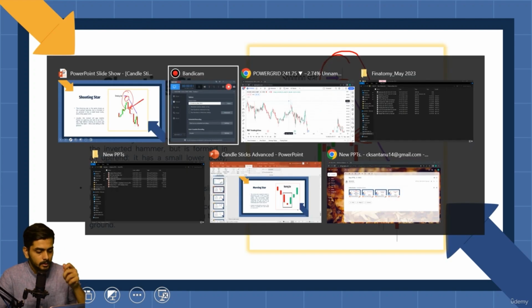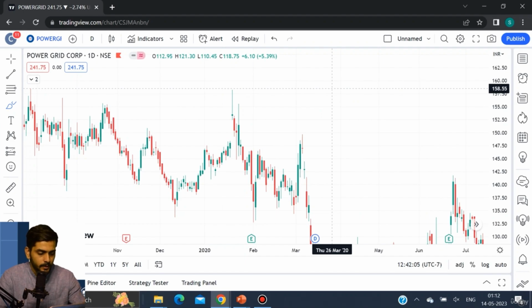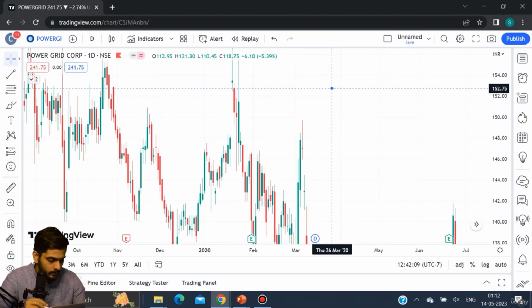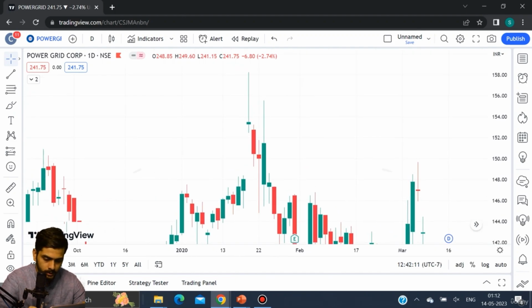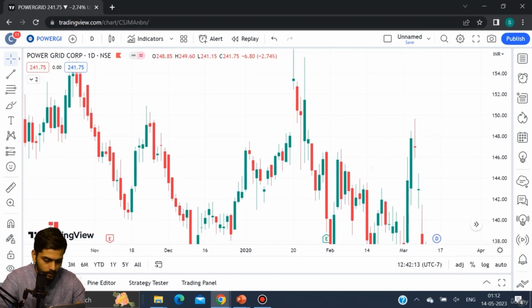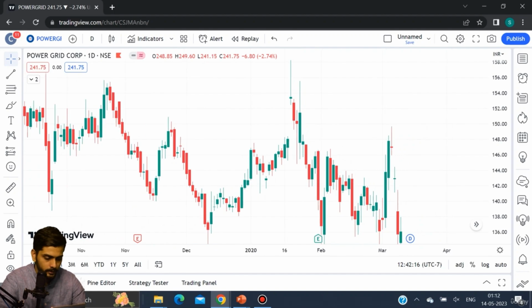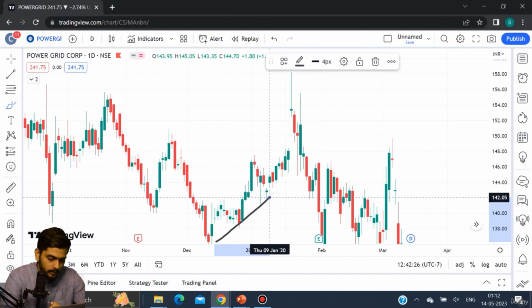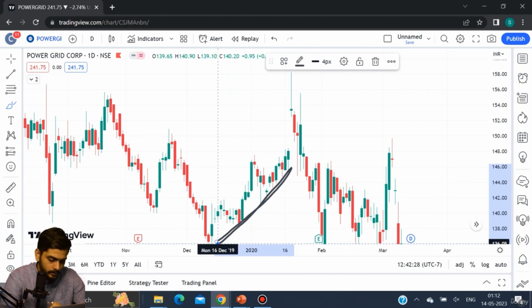Correct? Okay. If I take you to the live example, see, at this point the market was in a proper uptrend. This is a daily time frame. It will take you more time if you trade this, but listen to it. So the market was in a proper uptrend here.